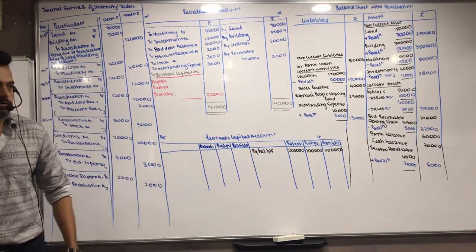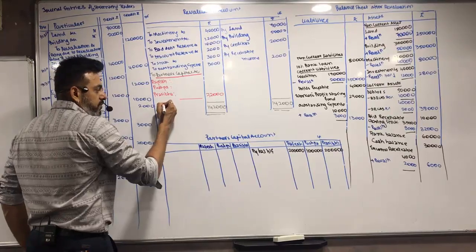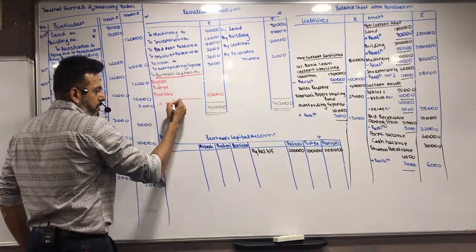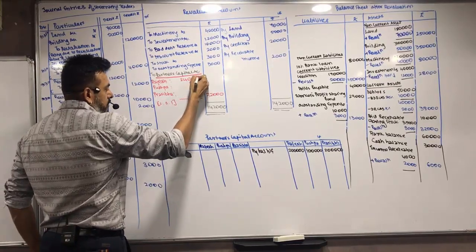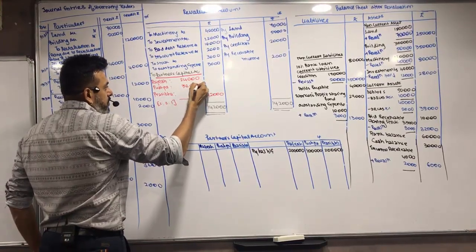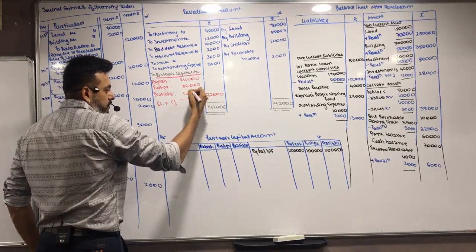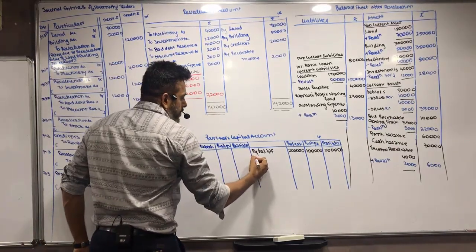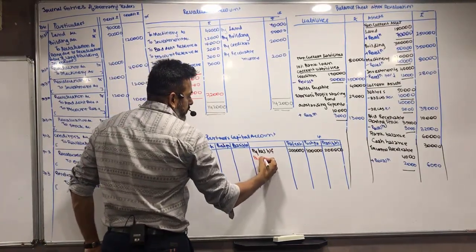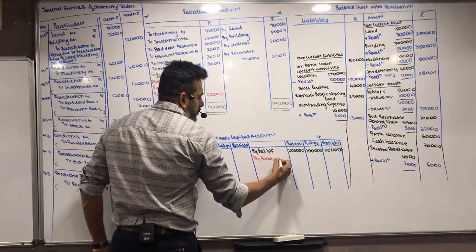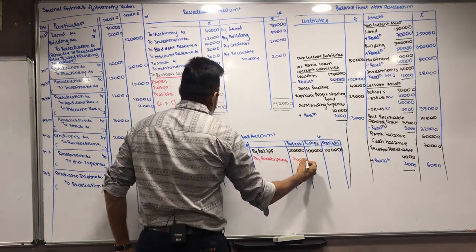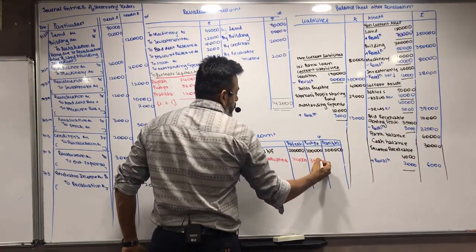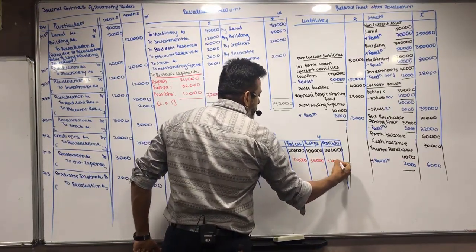What's the old ratio? 2:3:1. So 6, 12. So 24,000, 36,000 and 12,000. Transfer it by revaluation account: 24,000, 36,000 and 12,000.